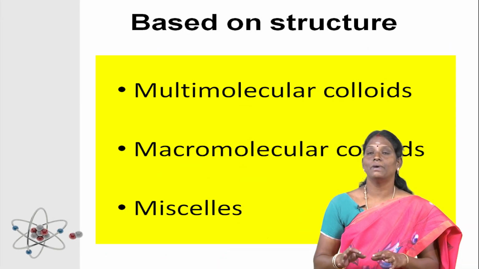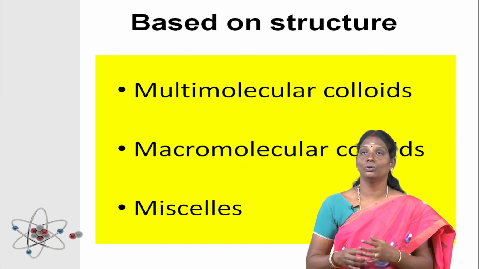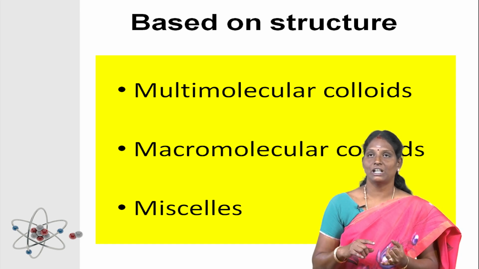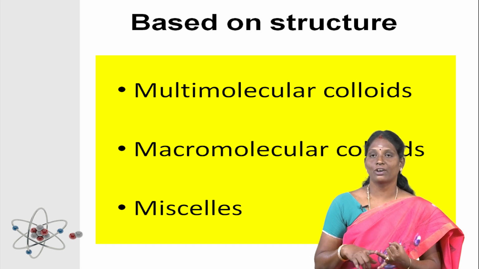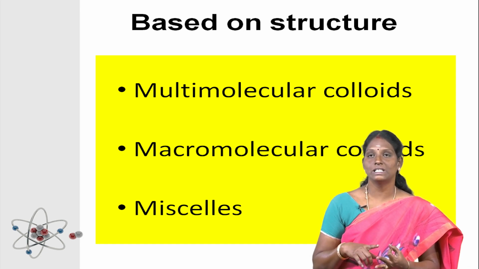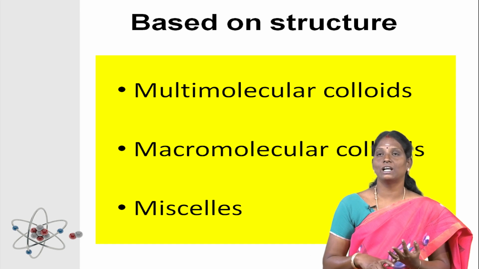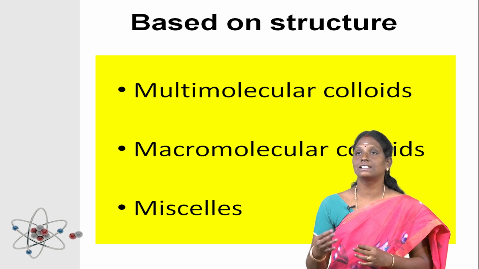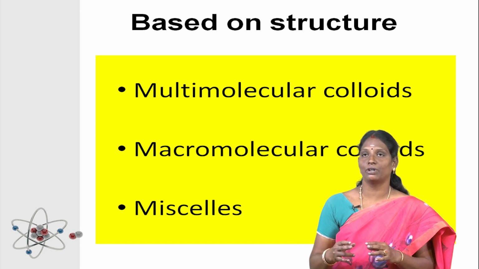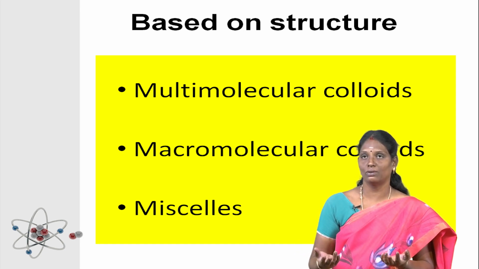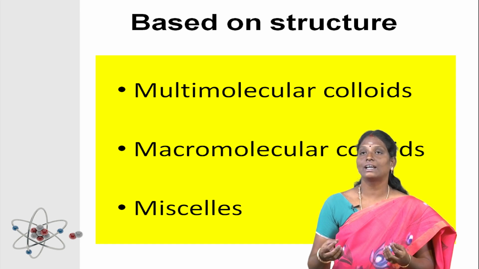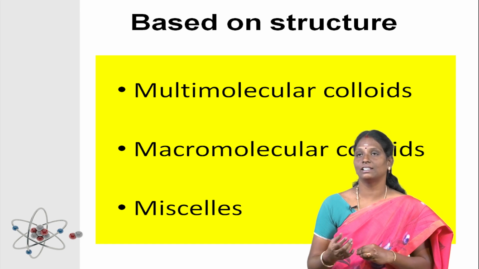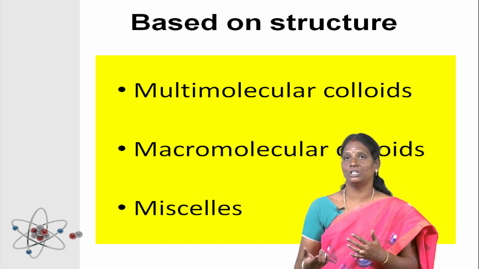Next one, based on the structure, the colloids can be classified into three types. One is multimolecular, another one is macromolecular and another one is micelles. So what do you mean by multimolecular colloids? Multimolecular colloids mean that on dissolution a large number of atoms or smaller molecules of a substance aggregate together to form species having size in the range of 1 to 1000 nanometer.